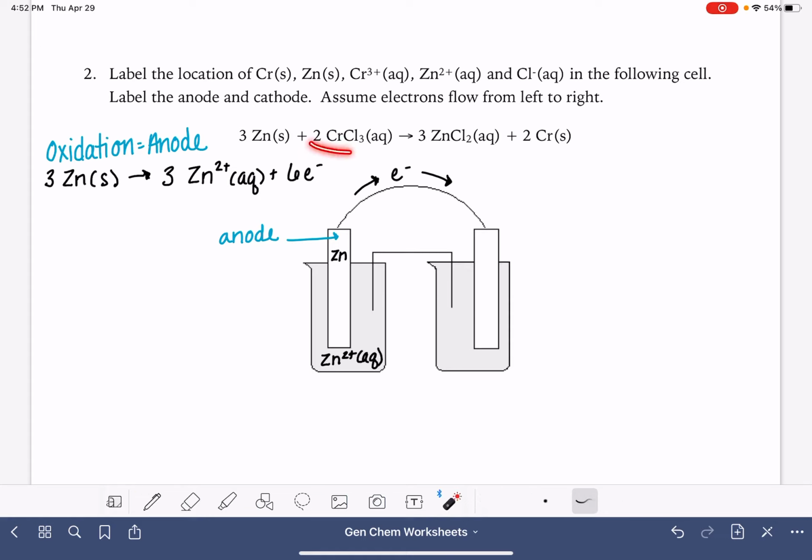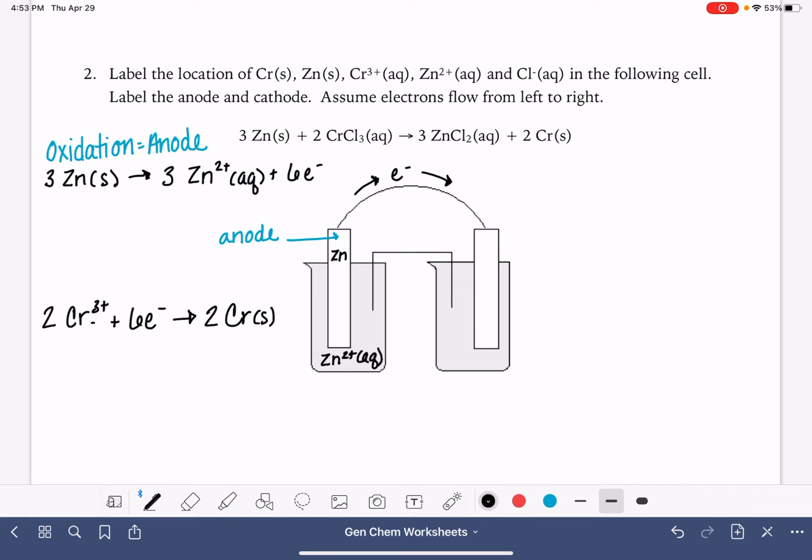Our other half reaction, we're starting with 2 chromium ions, Cr3+. Again, I'm going to be focusing just on the chromium, ignoring the chloride ion. So you have 2 chromium ions, and those chromium ions are going to be picking up the 6 electrons that are being passed along this wire, and they will form 2 chromium atoms.